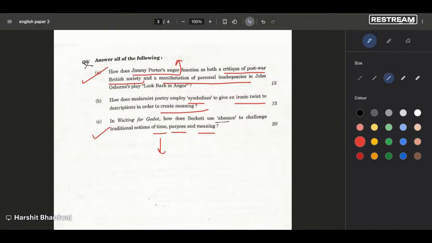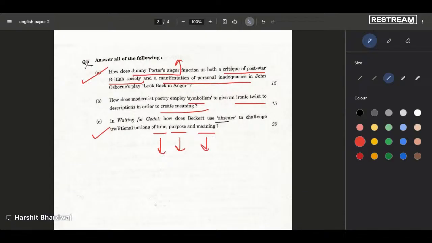That is a deliberate device. There is an absence of purpose, and obviously there is an absence of meaning. So how he does it, that's what this question is all about.